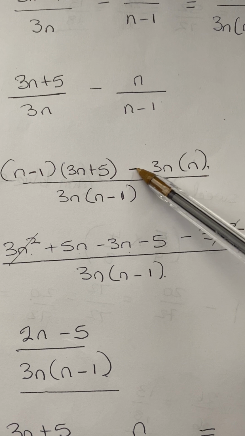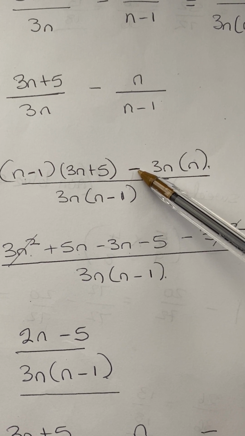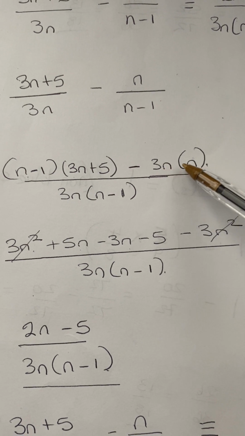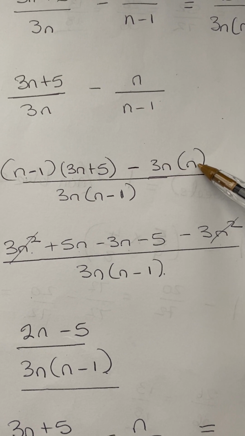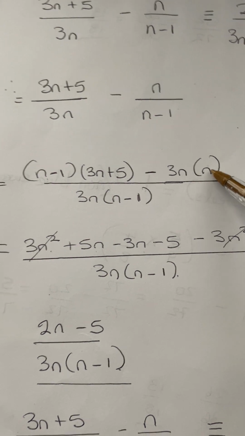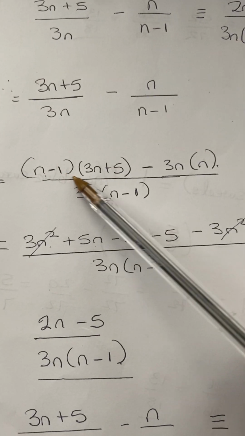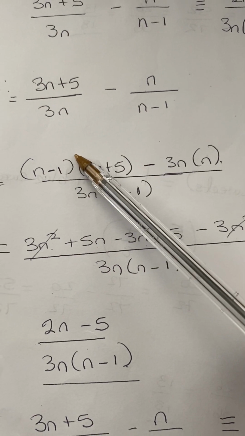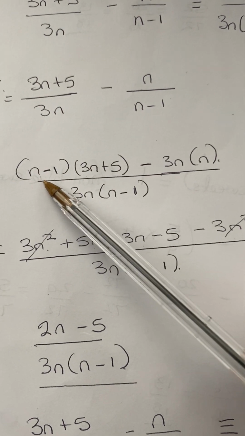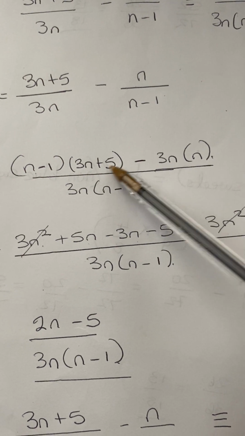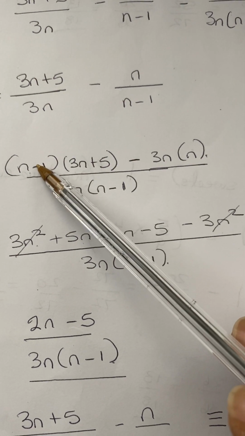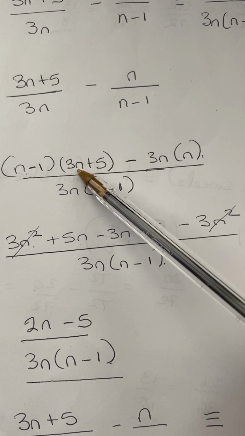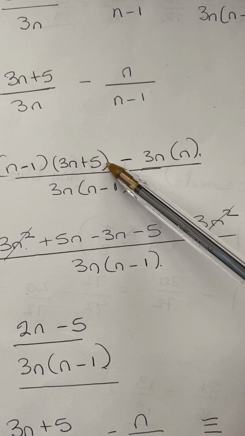But here our minus affects everything, 3n into bracket n. Okay, now if I simplify this, you remember yesterday we did some simplification. So n will multiply everything in the bracket, minus 1 will multiply everything in this bracket, the 3n plus 5.